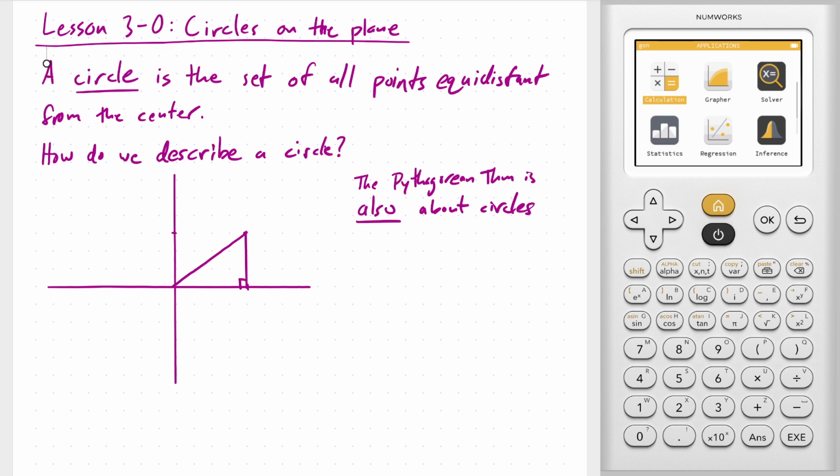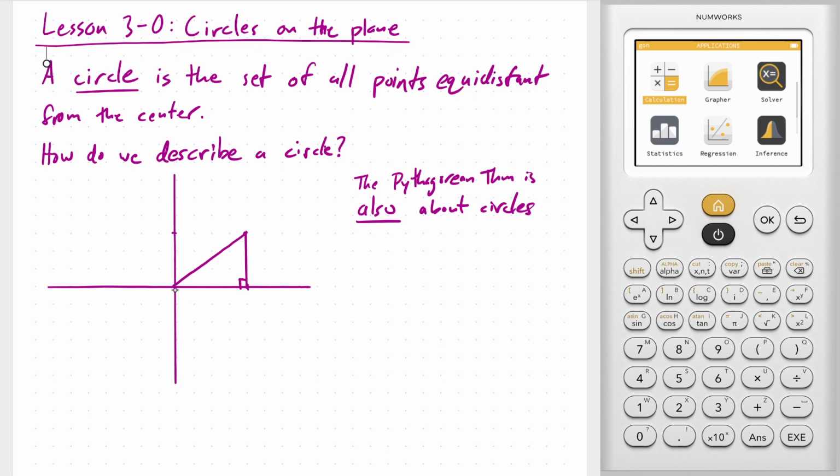The Pythagorean theorem is probably the most famous theorem in all of geometry, arguably the most famous theorem in mathematics. You're probably familiar with it if you've come this far in your mathematical journey. It might sound surprising to say the Pythagorean theorem is also about circles, because you've learned about it in the context of right triangles. But stay with me here.